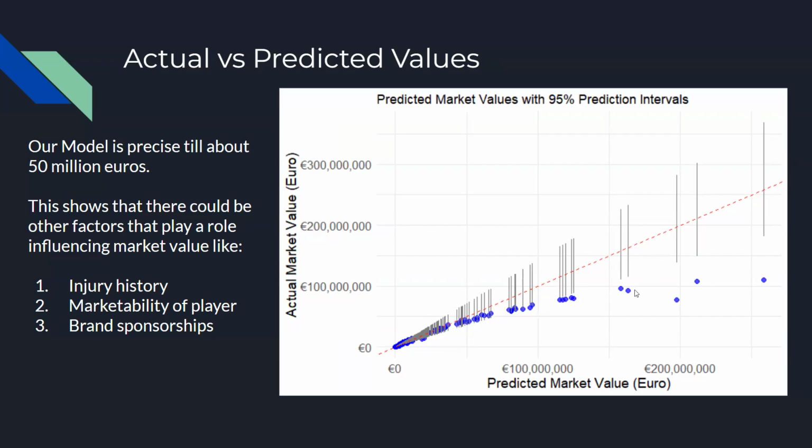The predicted value is supposed to be higher, but the actual value goes down. So we can tell that after 100 million, there are other factors which also influence the overall value of a player. This can be their injury history, their marketability. Some players are more marketable than others, and other things can be brand sponsorships from other football companies.